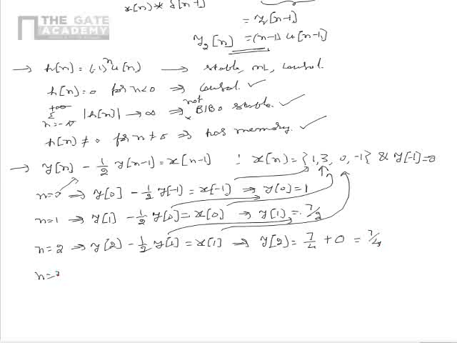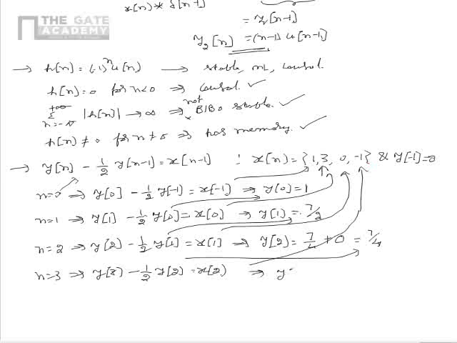Similarly, upon substituting n equal to 3, we see that y of 3 minus half y of 2 is equal to x of 2. But we know that y of 2 is 7 by 4 and x of 2 is minus 1. From this, y of 3 is equal to half into 7 by 4 minus 1, which upon simplifying becomes minus 1 by 8.